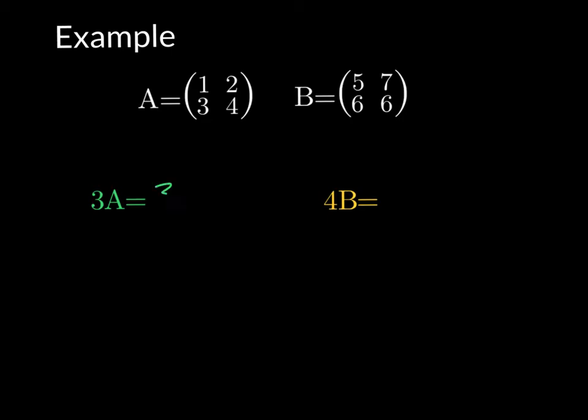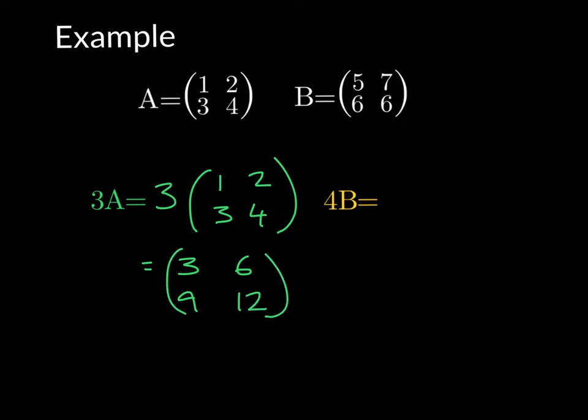So we have 3 times matrix A, which is 1, 2, 3, 4, and that gives us 3 times the 1 is 3, 3 times the 2 is 6, 3 times the 3 is 9, and 3 times the 4 is 12. So that's the matrix 3A.